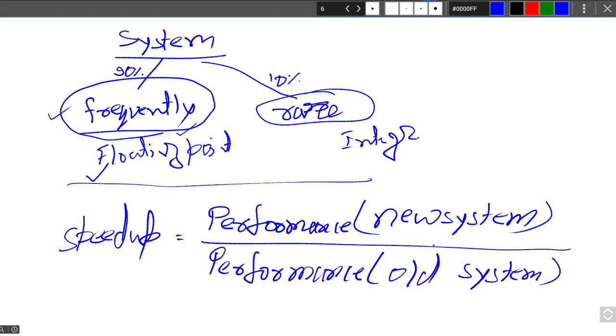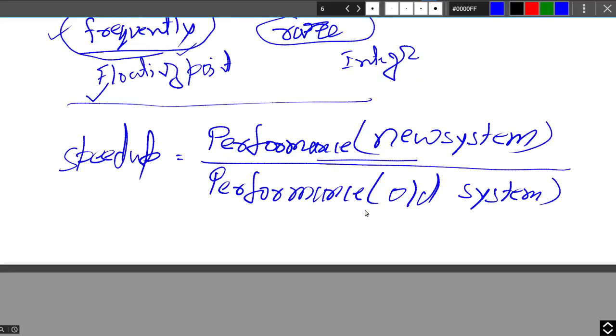As we are talking about a single system or organization, performance is inversely proportional to execution time.